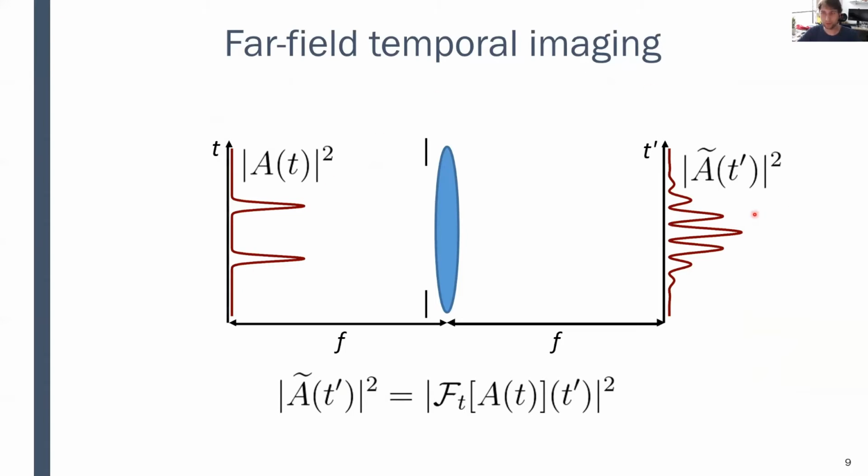If you want to make a Fourier transform in the spatial domain, you place a lens at two distances equal to the focal length, and the field at the output, still detected in time, will effectively be a Fourier transform of the field at the input. So how do we realize such a transformation in the time domain? We can already see that this is indeed the spectrum of those two pulses, because we see them interfere. So this is exactly what we want to achieve.